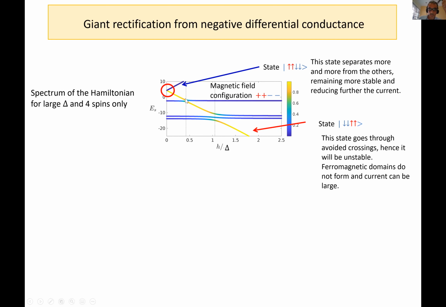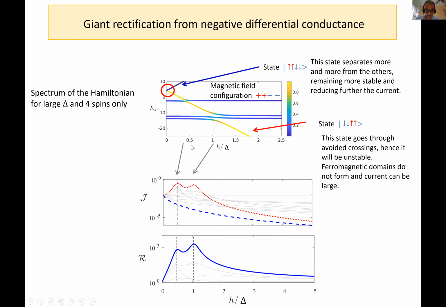And this is what makes this state unstable. It's going to mix with other ones, and because of that, it's going to decay, and it cannot stay. It cannot be the steady state. While the other state, which becomes an eigenstate of the Hamiltonian, can become the steady state of the system.